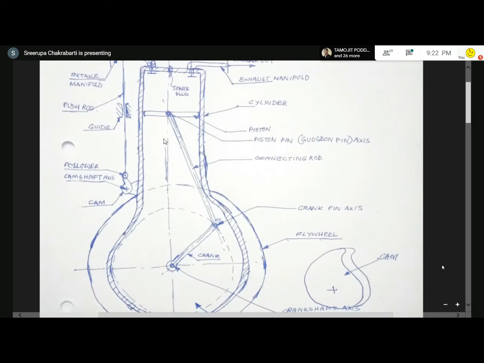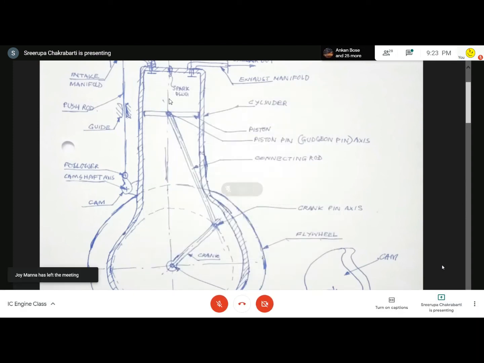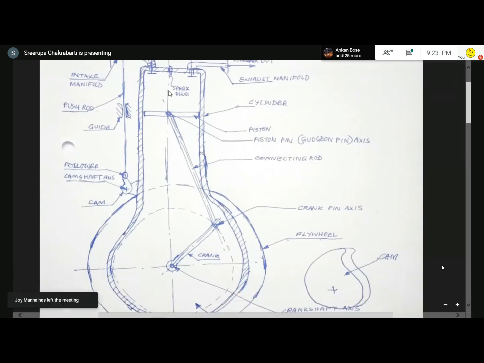The crank pin comes here. So this is the position of the crank and of the connecting rod when the piston is at the top dead center.